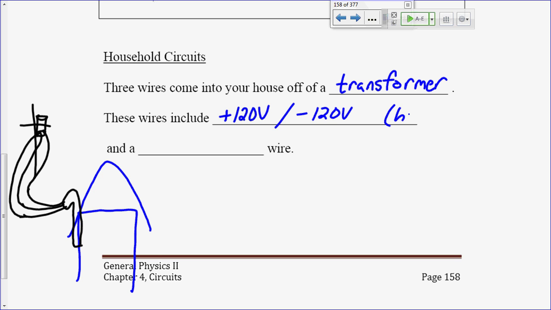These collectively are called the hot wires, meaning they have electricity coming through them, and a neutral wire. It's like a ground wire, so it doesn't have electricity unless you're actually operating the circuit. And so the plus 120, for example, would feed into that neutral wire. We'll talk about that in a second.